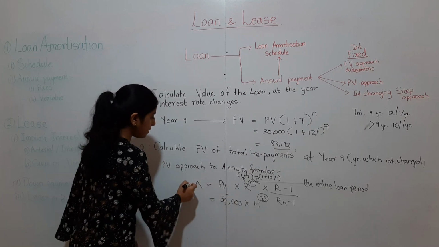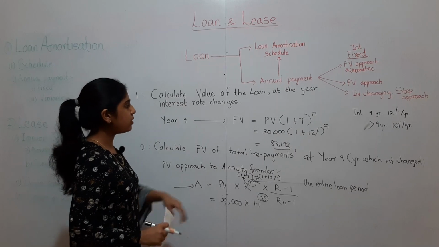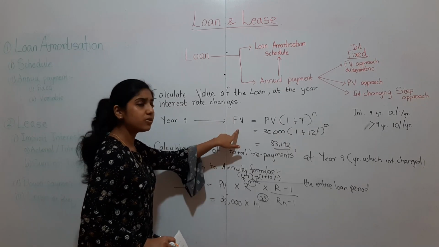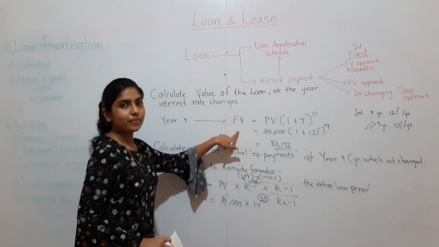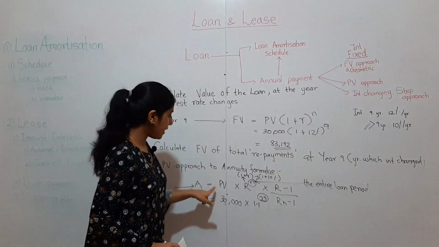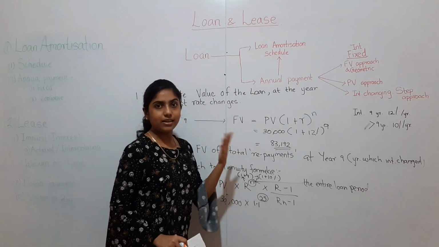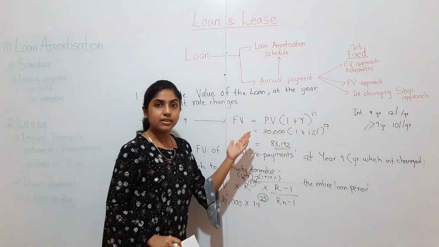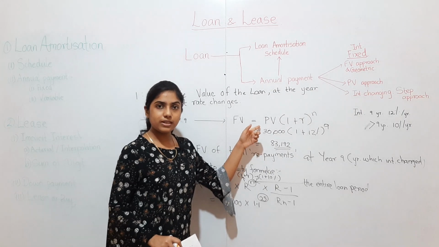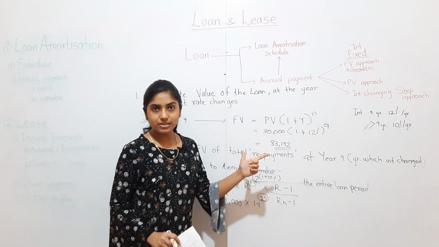Now we got the monthly cash flow, no? So if you get the monthly cash flow, can you apply this formula to future value? Could you do that? No, because A is not here. So we can't use this future value formula to calculate the future value of the annuities.